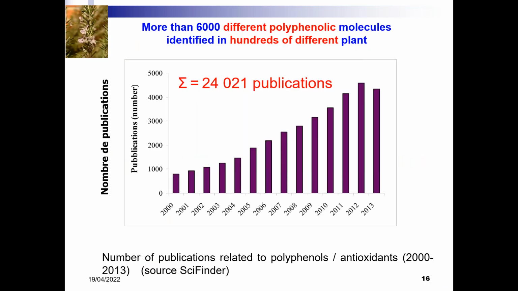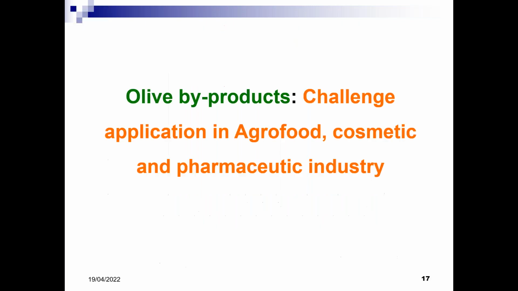And from this figure, we can also see the increasing number of publications on phenolic compounds from olive byproduct and other medicinal plants. Now, olive byproduct is a challenging application in the agro-food, cosmetic, and pharmaceutical industries.